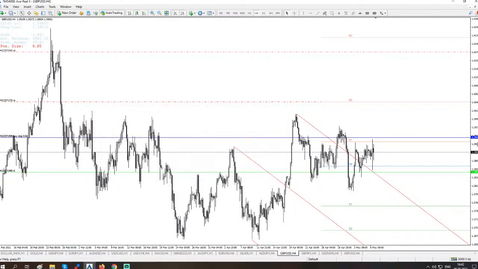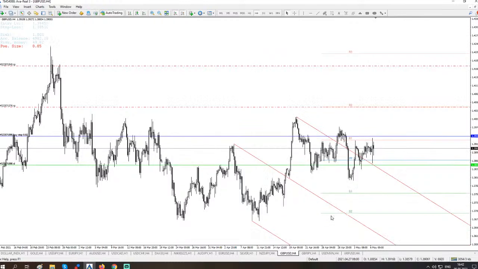Okay, so we opened a pending order here, a buy stop on the GBP versus the US dollar guys, and I will post also the signal into the VIP Telegram group and on the free group right after I will end this live webinar guys.